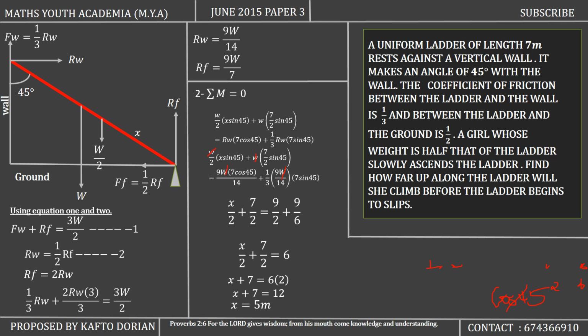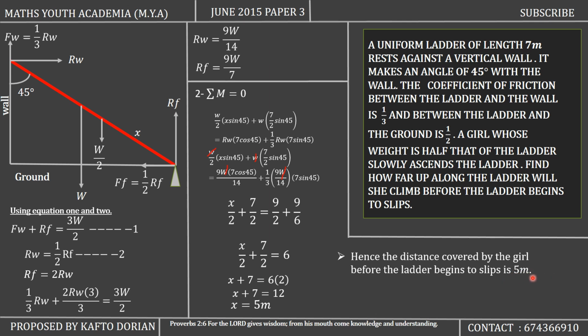So our x is actually giving us 5 meters. Hence the distance covered by the girl before the ladder begins to slip is 5 meters.